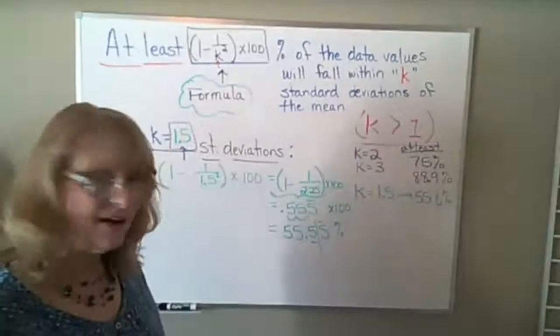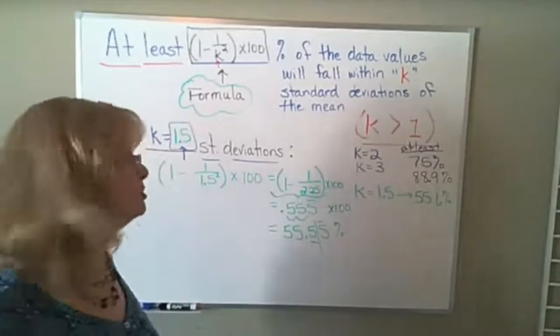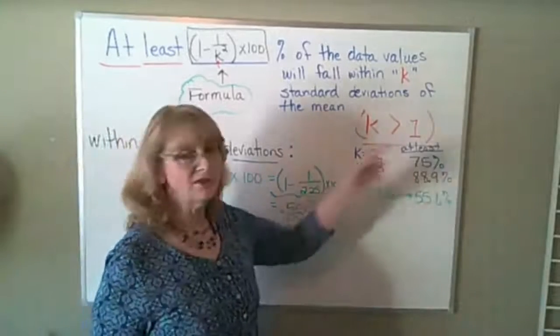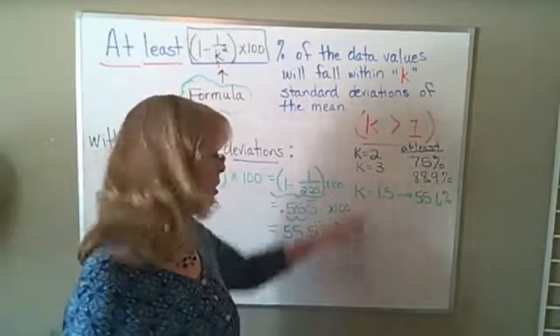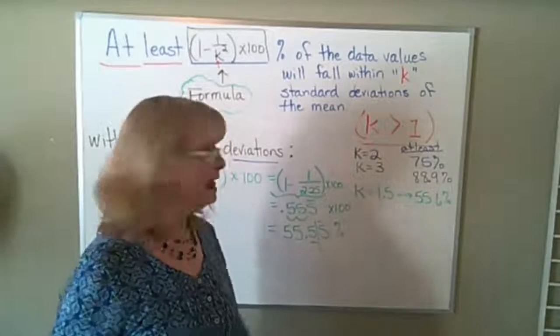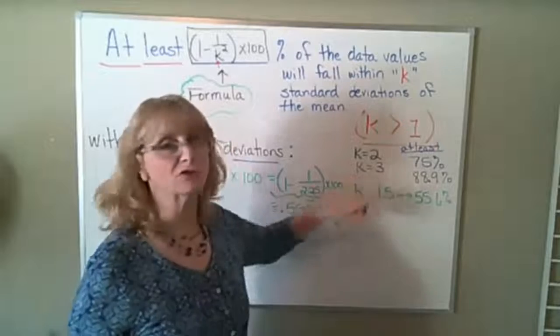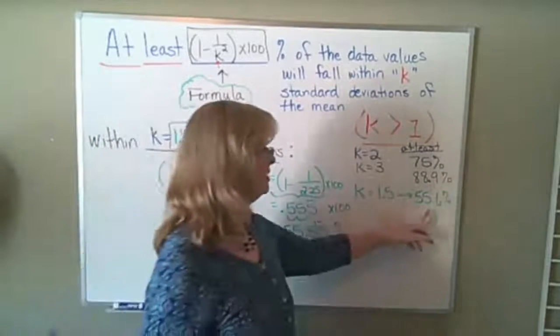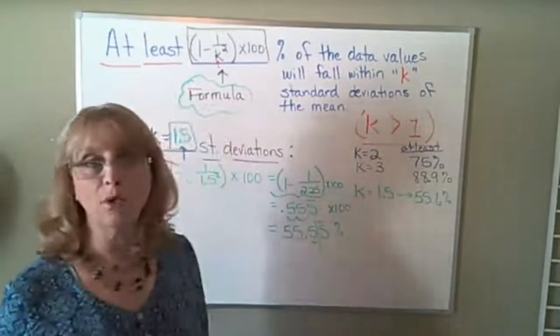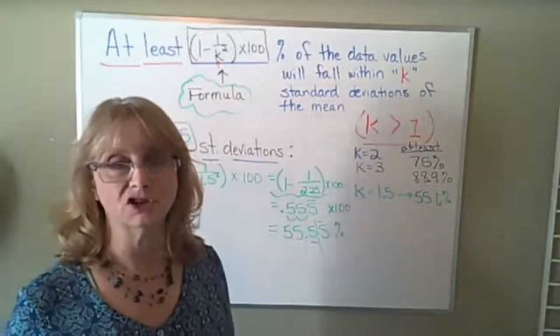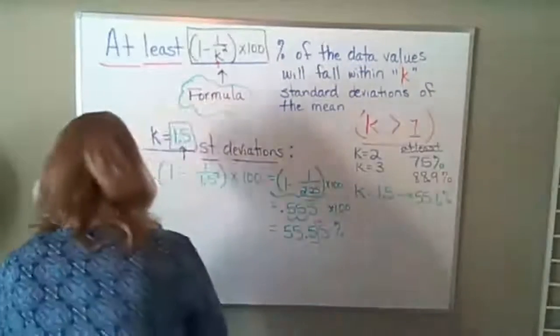And so what we just found out is for any data distribution, at least 75% of the data values are within 2 standard deviations. At least 88.9% are within 3 standard deviations, and at least 55.6% are within 1.5 standard deviations.